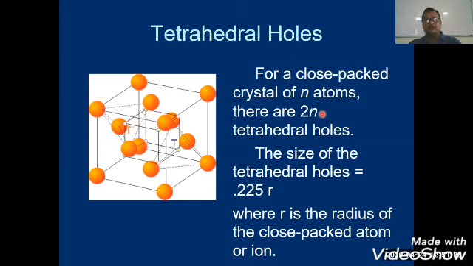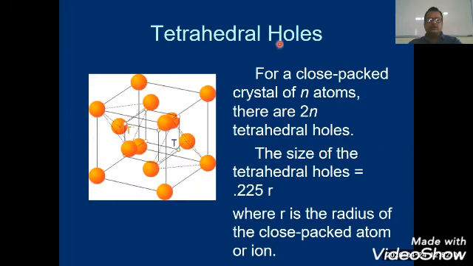That means the number of tetrahedral holes is twice the number of octahedral holes. So for a crystal with n atoms, there are n octahedral holes, and there will be twice n tetrahedral holes, and the radius of a tetrahedral hole will be 0.225 r, where r represents the radius of an atom.